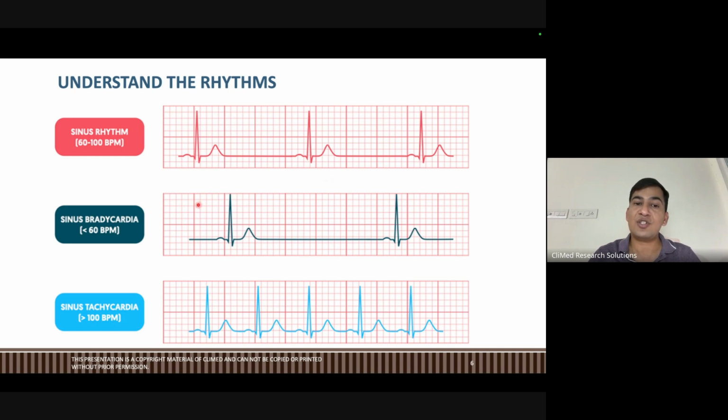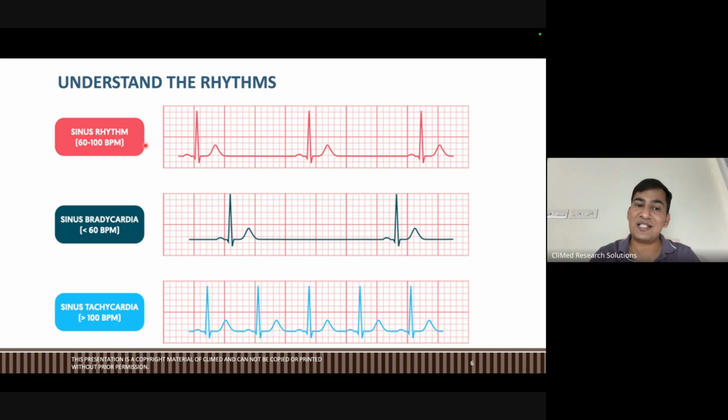But here it is not just showing the beats, it is showing that the electrical baseline is straight, the QRS complex is normal, there is no ectopic beat, there is no problem at all, and there is a proper P wave, right? So it shows all the parameters, and you can understand the difference between tachycardias, bradycardias, and normal rhythm.